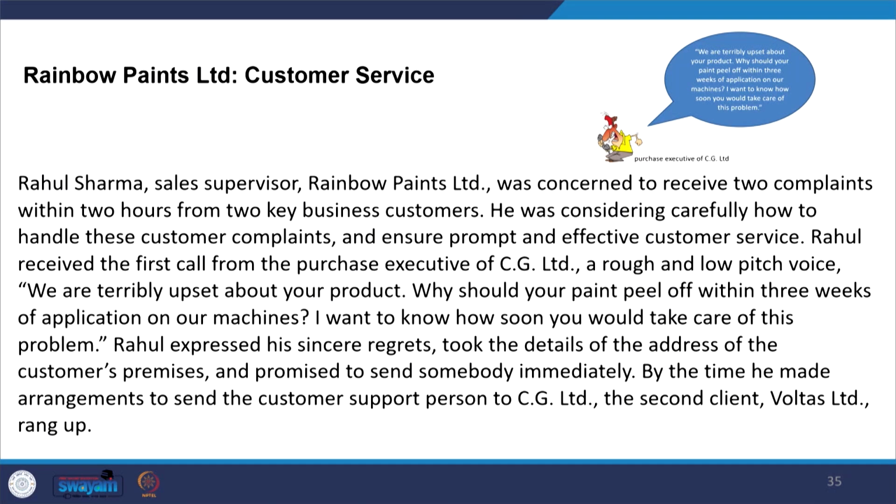Okay. We will take a case of one company called Rainbow Paints. Rainbow Paints is a company which was having some problems. There is a guy called Rahul Sharma, who happens to be a sales supervisor. And what happened with this company, what happened to their concerned problems, we will discuss about it.